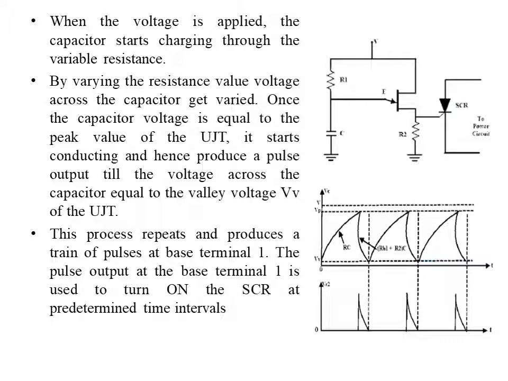This process repeats and produces a train of pulses at base terminal 1. The pulse output at base terminal 1 is used to turn on the SCR at predetermined time intervals.